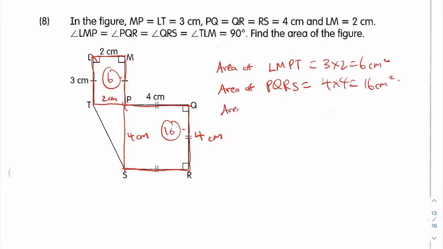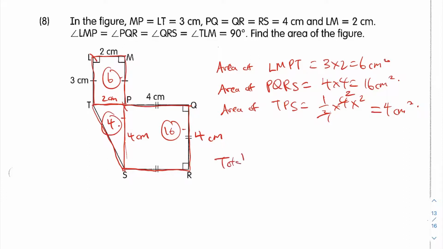Lastly, we are going to find the area of TPS. So TPS would be half times 4 times 2 would be 4 square centimeters. So the area here is 4. So to find total area of figure, you would have 6 plus 4 plus 16.